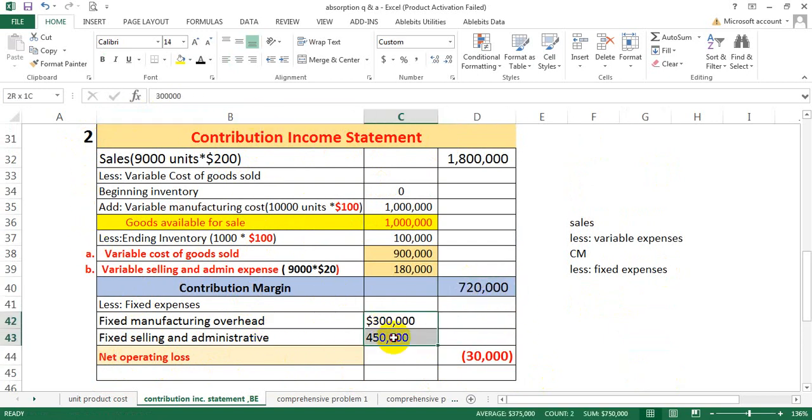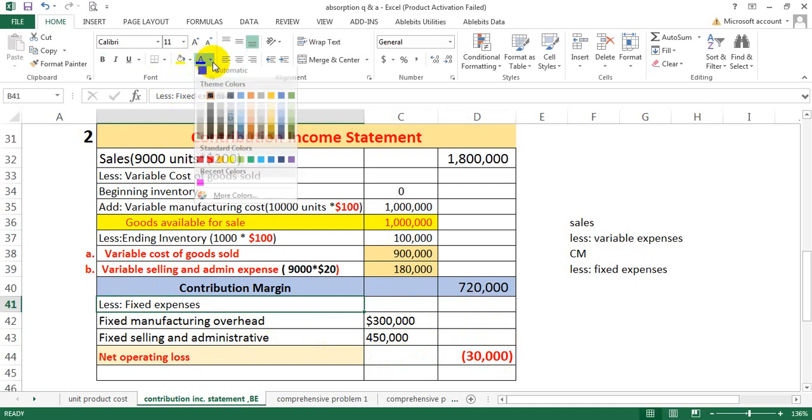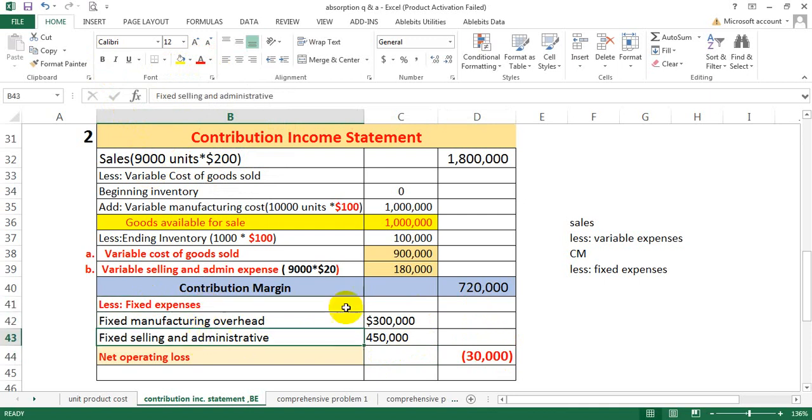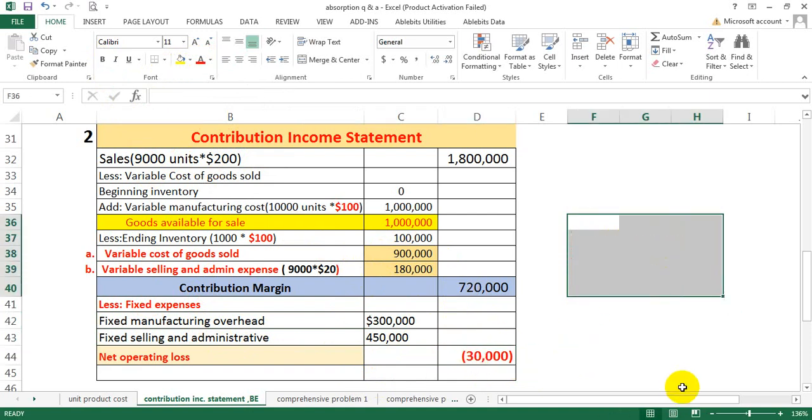Contribution and then both expenses, which are fixed expenses, right? Remember this point. These all are my fixed expenses: fixed manufacturing, fixed selling and admin, right? So I got my net operating loss. Okay, remove it.